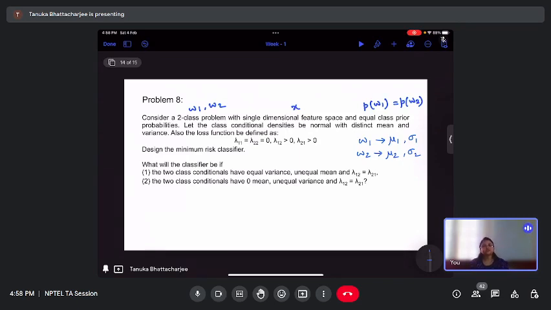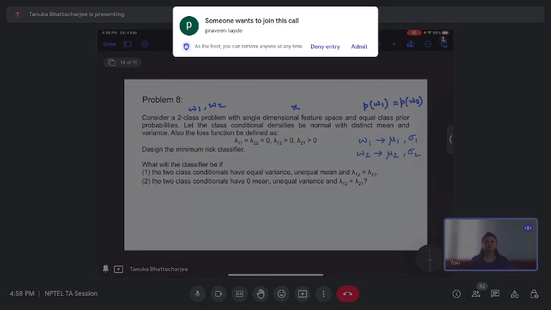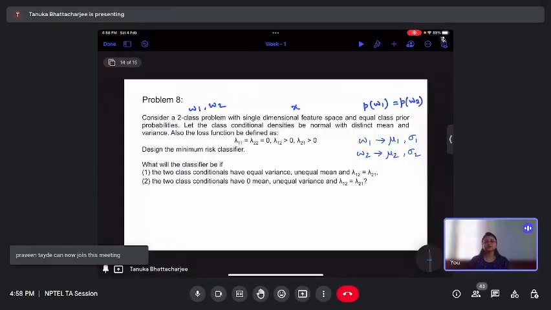Now, you have to design the minimum risk classifier. To compute it, again we will have to compute the risk of the two actions: alpha 1, which is assigning x to class omega 1, and alpha 2, which is assigning x to class omega 2.